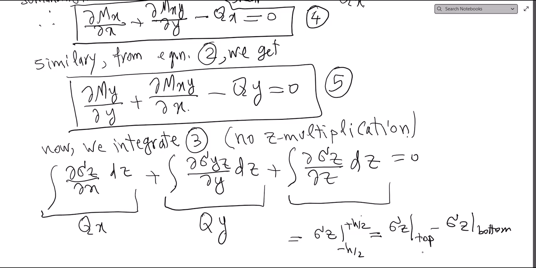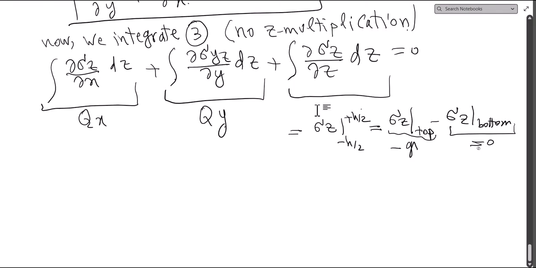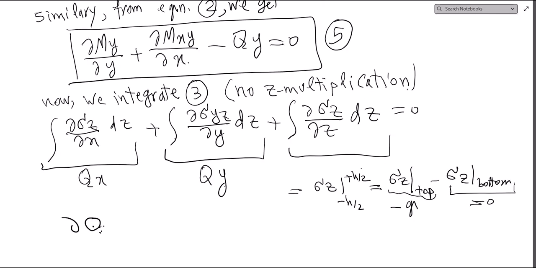At the top we have a traction which is minus q. At the bottom usually we don't have any applied load, so this is usually 0, and therefore we get our equation. But because our z is downward, the unit normal is upward, negative, so the minus q as a stress becomes a positive one. Actually here this should be xz, so that is qx.